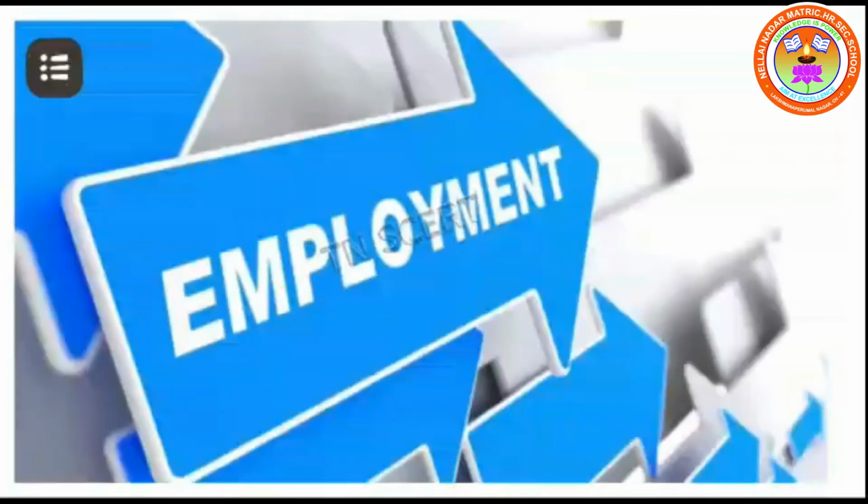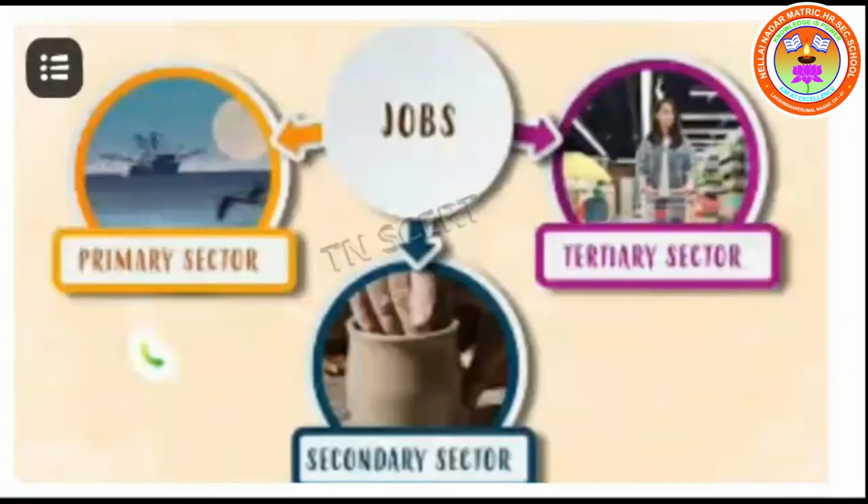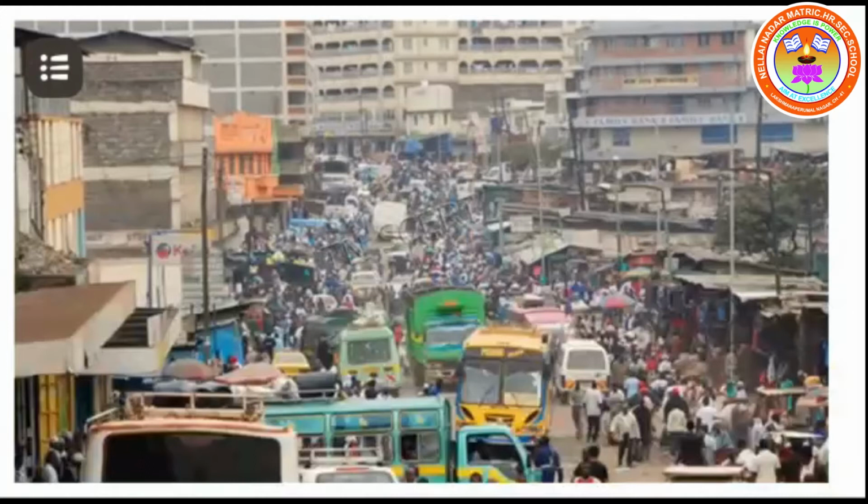Employment. There is a clear shift in employment to secondary and tertiary sector from the primary sector. A growing number of people moved to urban areas in search of employment. It increased urban population.